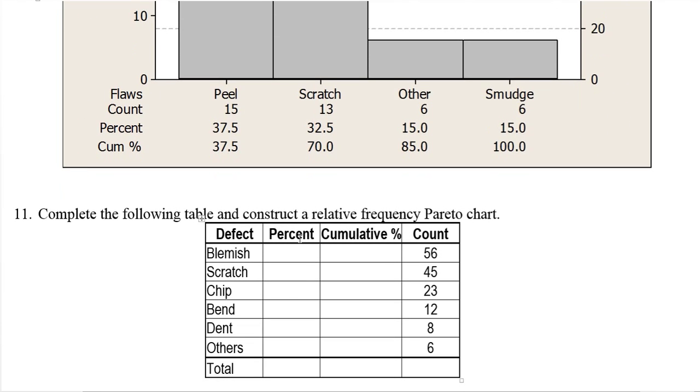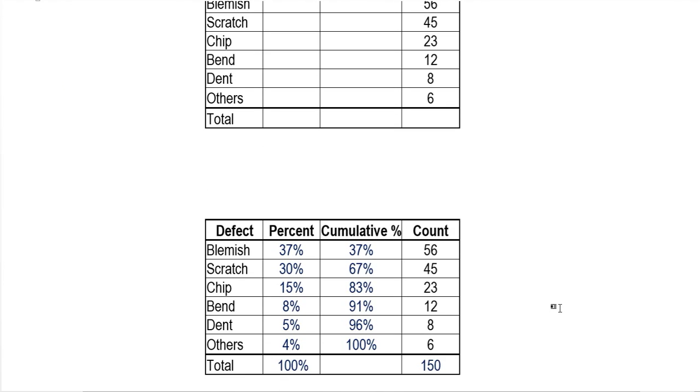Okay, see if we can fill out this chart for percentage, cumulative percentage, and the count that was used to make this data. And actually, most of it's already given for you right there. Here it is.